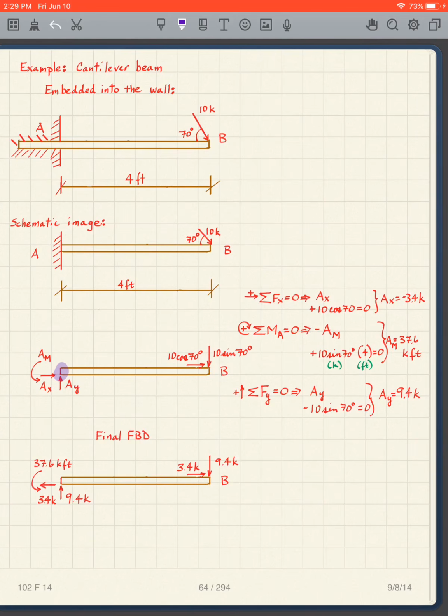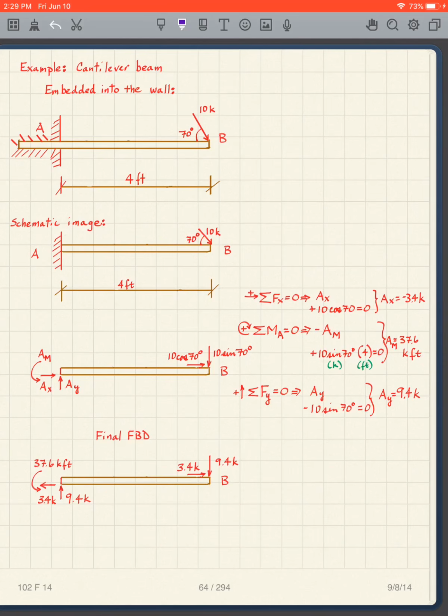And then I've got the 10 sine 70 times 4 feet. That equals 0, and I simply solve for this AM, the concentrated moment at A. And I get AM is 37.6 kip feet.